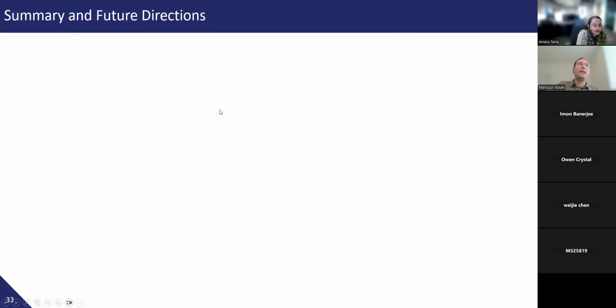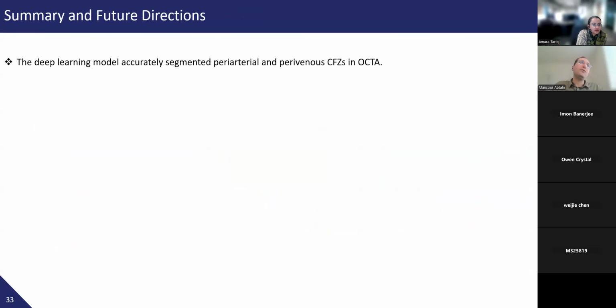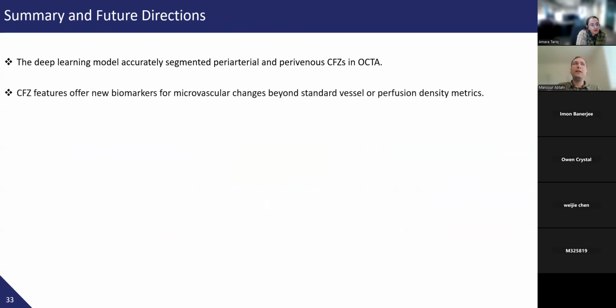Thank you. And in summary, we can say that we developed deep learning models that can accurately segment all of the periarterial and perivenous capillary zones in the OCTA images, and also capillary zone features offer new biomarkers for microvascular changes beyond standard vessel and perfusion density metrics.